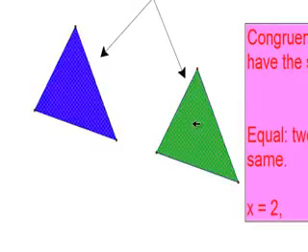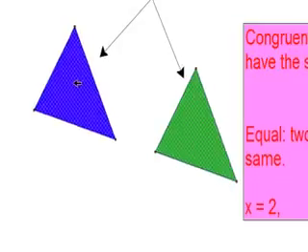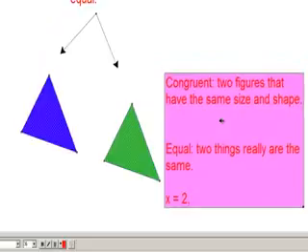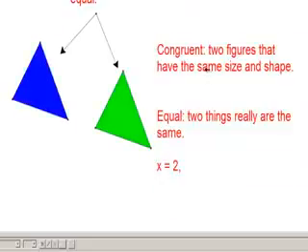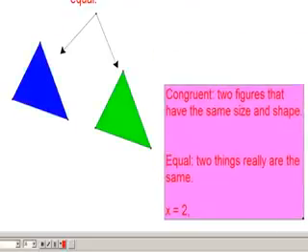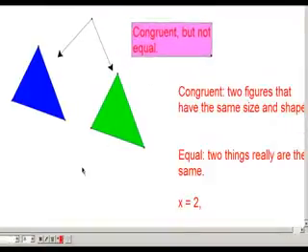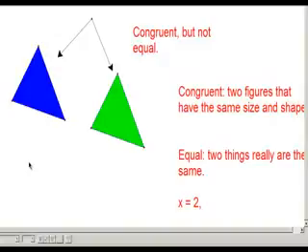They are two different triangles. This one is blue by itself, and this one is green by itself. They're not equal to each other. In other words, I can't just put this green one in place of this blue one or vice versa. But they are congruent, meaning that they have the same size and the same shape. Okay, so I want you to kind of grab that distinction. Make sure you get that. Okay, so that's the second thing.